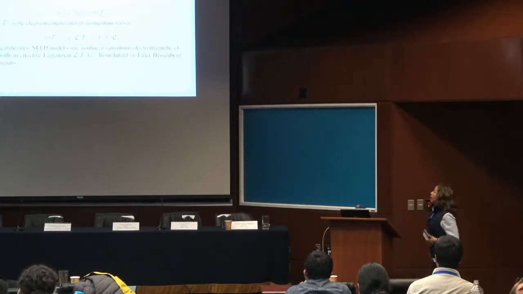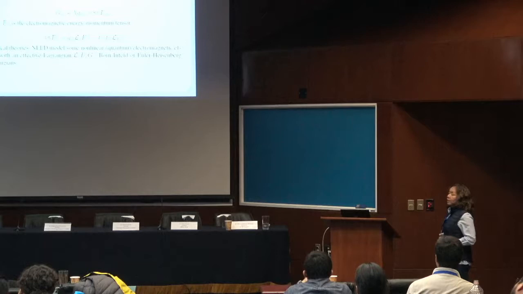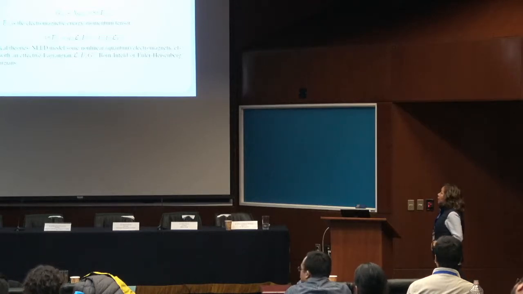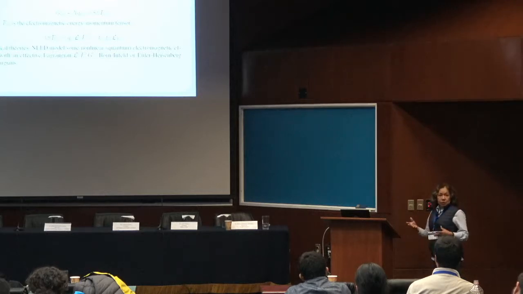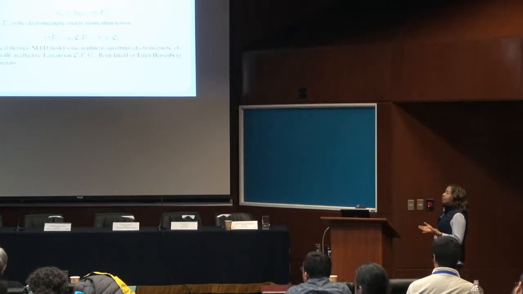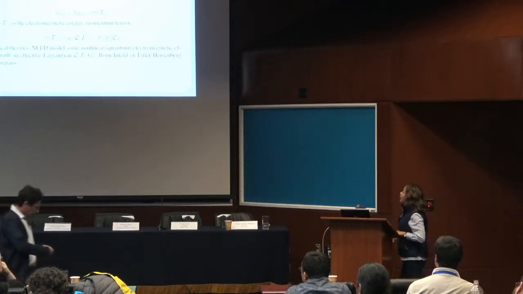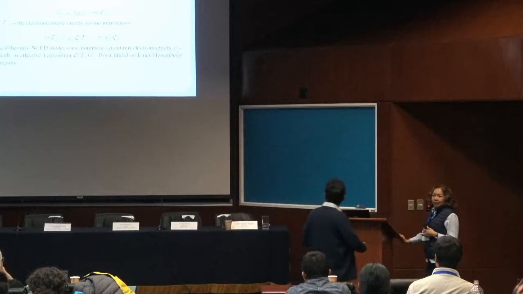Okay, now to create a traversable wormhole, we need a special kind of matter, one that is not attractive but has the opposite characteristic. This sounds odd, but there are several fields.